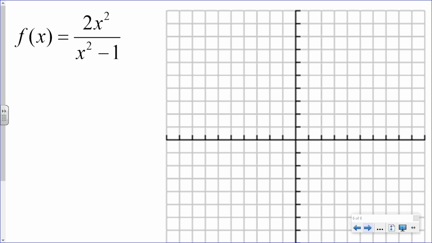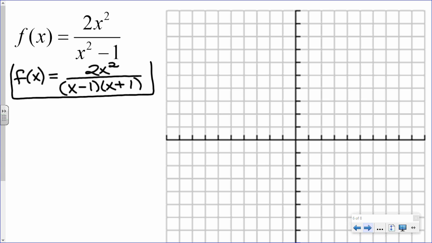All right, our first step is to factor. 2x squared we're going to leave in the numerator, but what can we do with the denominator? Anything? Okay, we don't have anything that can reduce, but it'd be best to refer to this for identifying coordinates and vertical asymptotes, that kind of thing.